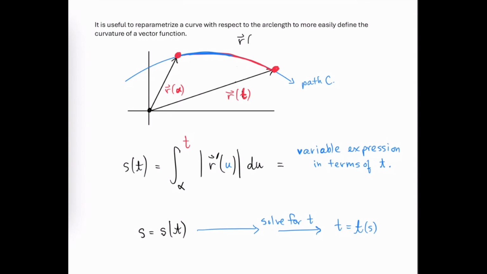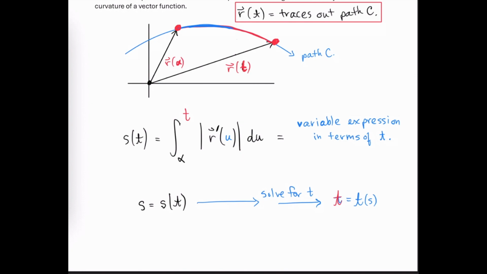Now let's recall back here at the beginning that this path was traced out by the vector function r at t, and r at t right now depends on the parameter. But since we can express that parameter as a function of s, what we can do is take that vector function, substitute all the t values with this function of the parameter, and ultimately what this thing then becomes is a vector function that has the arc length as the independent variable.